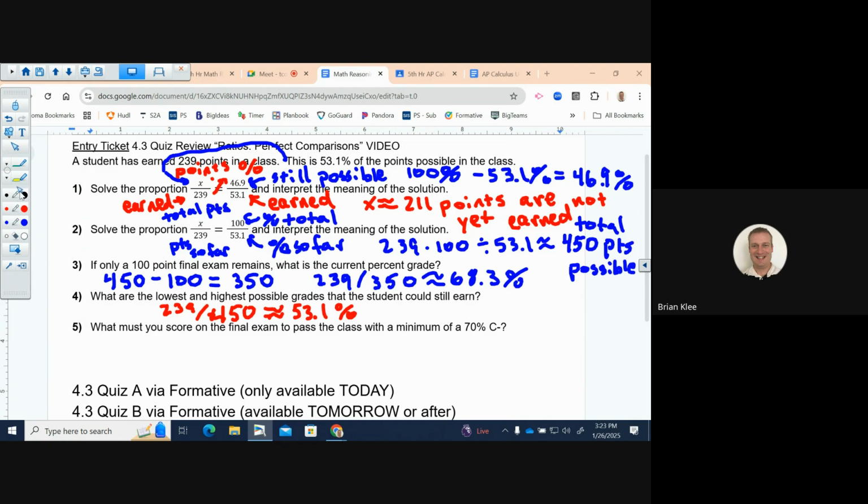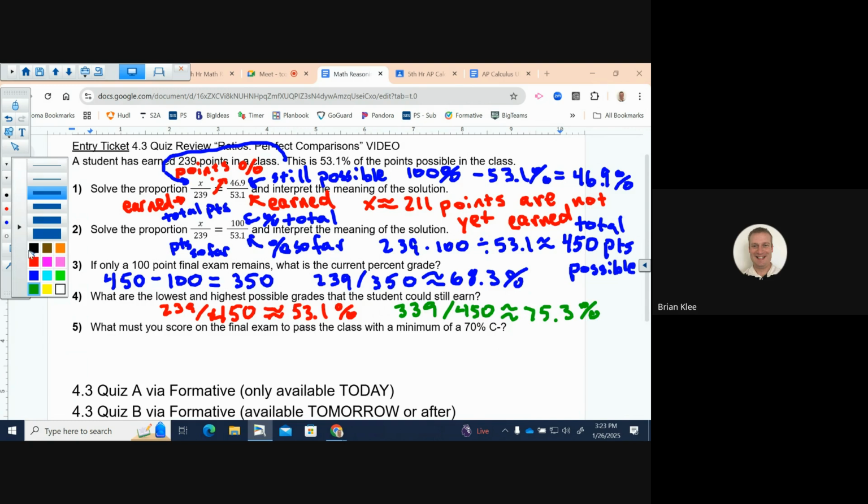The highest, maybe they'll get all 100 points. So they would end up with 339 points out of 450. They'll get 75.3% approximately.